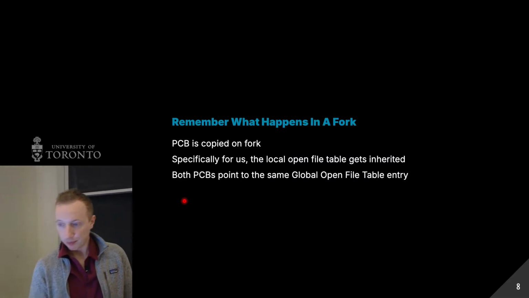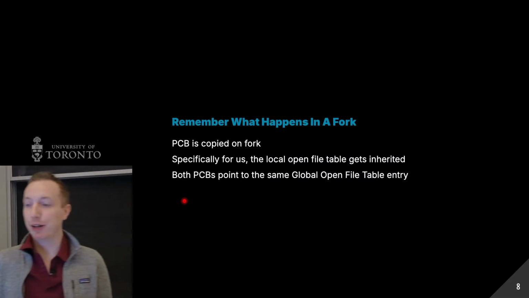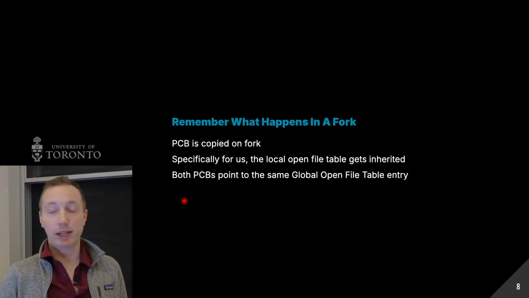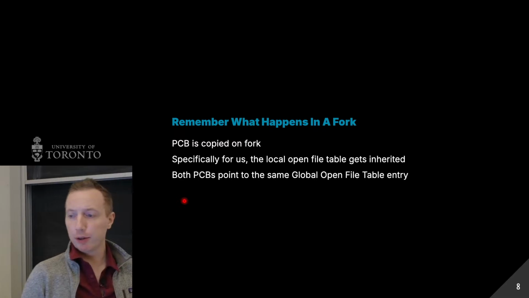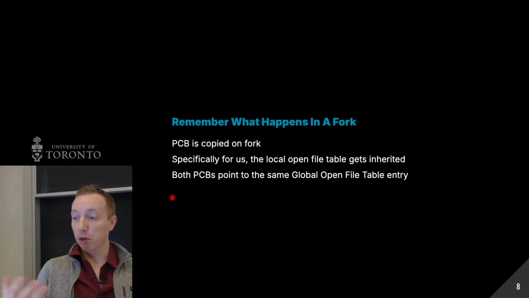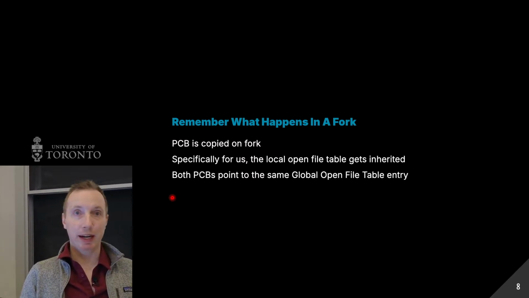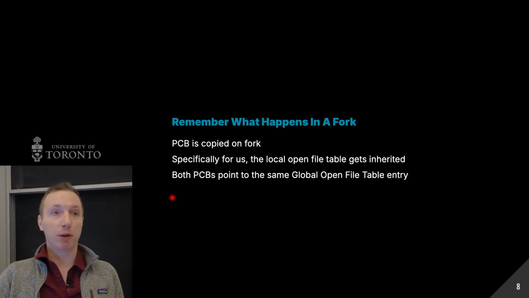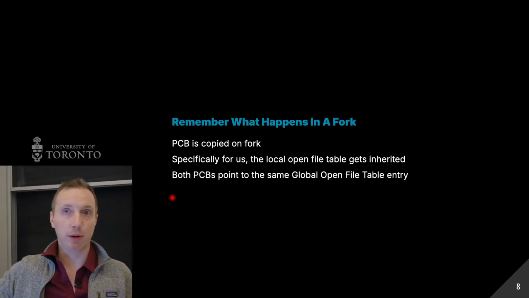So remember what happens during a fork. The process control block is just copied during the fork. Specifically for us, that local open file table gets inherited. So both process control blocks point to the same global open file table entry.